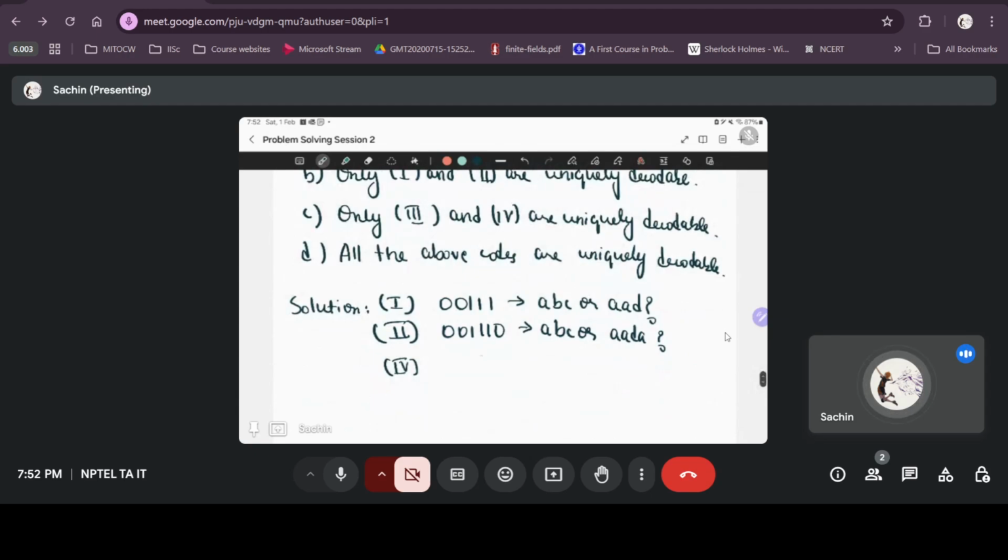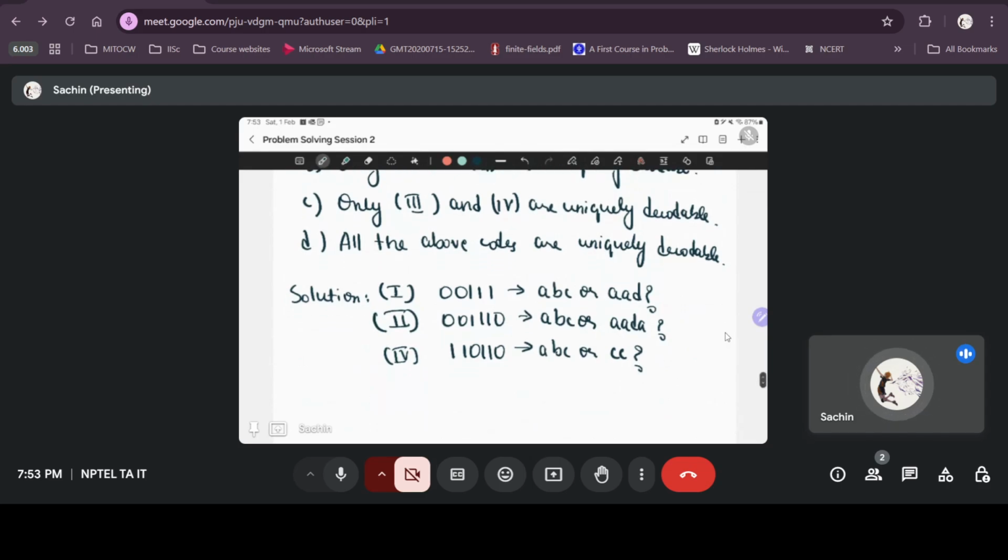So if you send 110110, you can't tell whether this is A, B, C, or just C twice. So these are all not prefix-free codes. So they are not uniquely decodable.